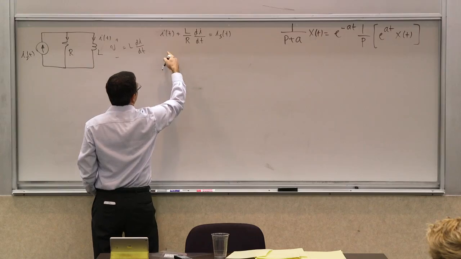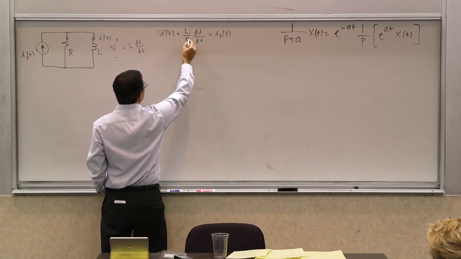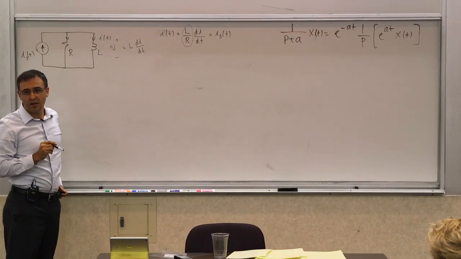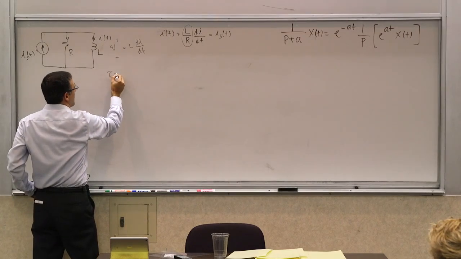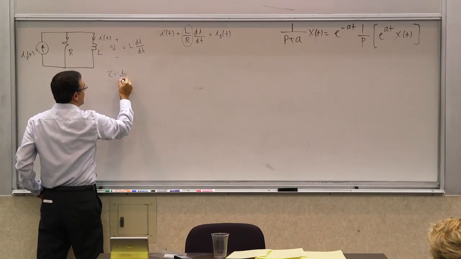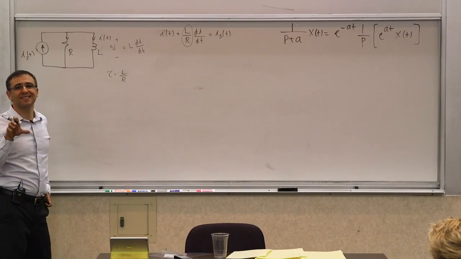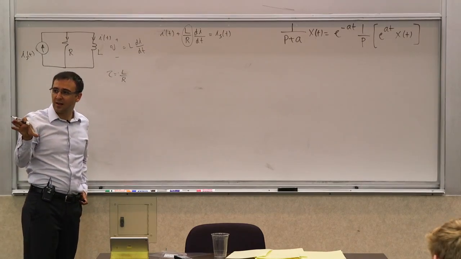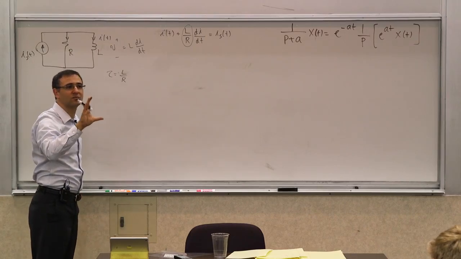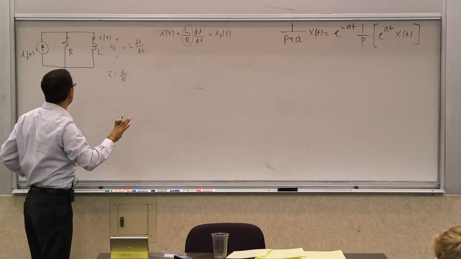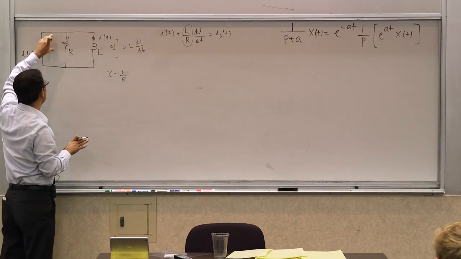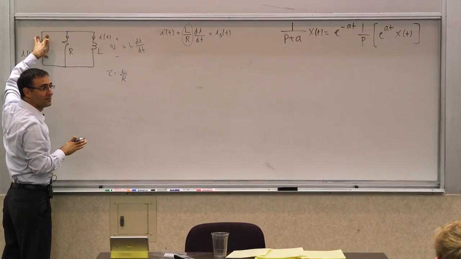So I can, again, multiply and divide by R. This is, by the way, also a time constant. For the capacitive circuit the time constant was RC, right? For inductor circuits, as you can see, it is L over R, where R is the resistance seen by the inductor when all the independent sources are nulled. So if I null this current source, what would it become?